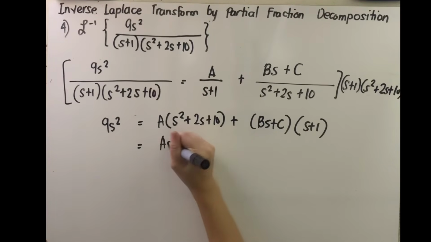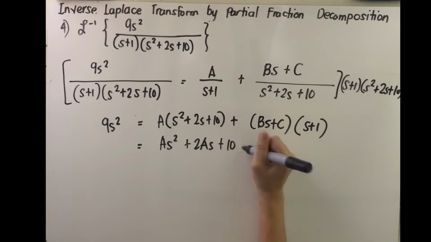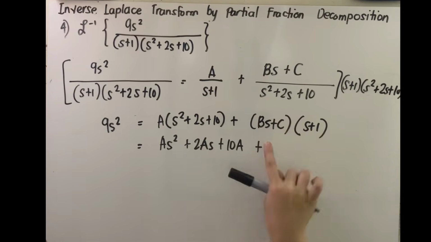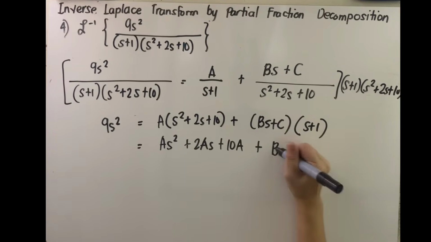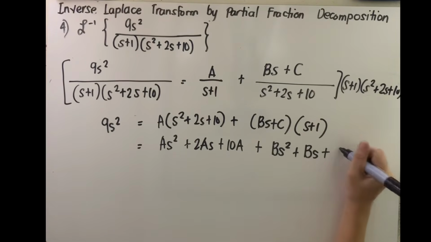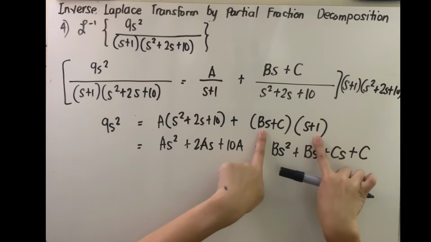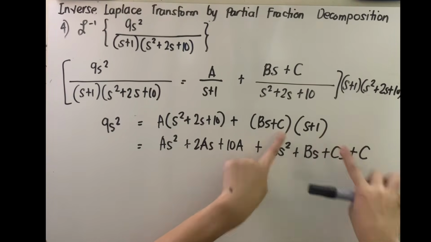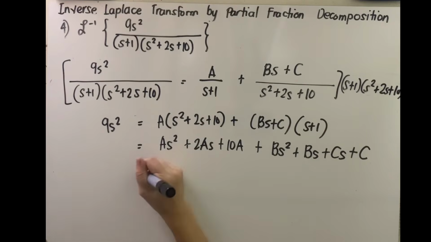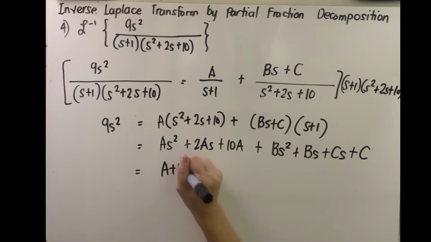So, you have there As squared plus 2As plus 10A plus, you have here bs squared plus bs plus cs plus c, right? Afterwards, we group together same degree terms or similar terms. So, we have s squared, and that's a plus b.